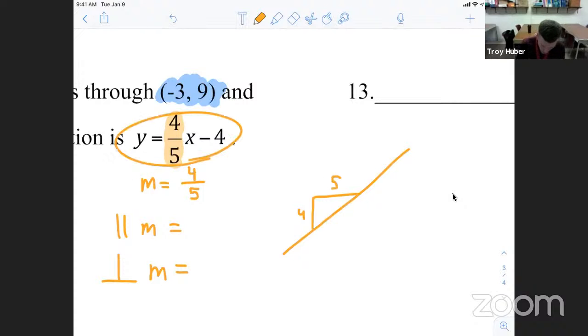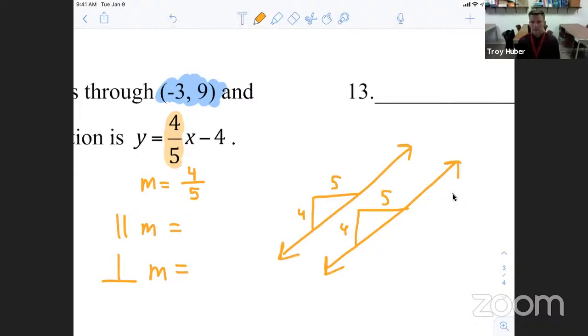A parallel line would also have a slope that was up 4 over 5 because these two lines never intersect. That's what parallel means. They run right next to each other, but they never actually touch each other, ever. All right, so this parallel, and this is the symbol for parallel, like two lines just right next to each other, that would be exactly the same, 4/5.